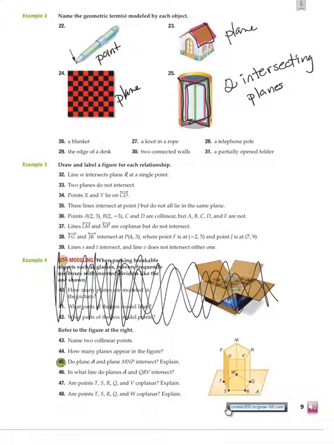Okay? Now these, the drawing, these are important. I don't want to take the whole time to do those because I think that you probably are okay.